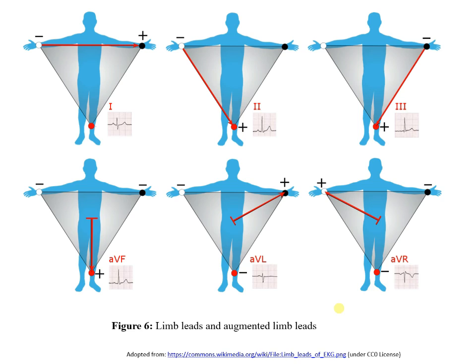The value of aVF is equal to VLL minus half of VRA plus VLA. Similarly, the value of aVL is equal to VLA minus half of VRA plus VLL. And the value of aVR is equal to VRA minus half of VLA plus VLL.